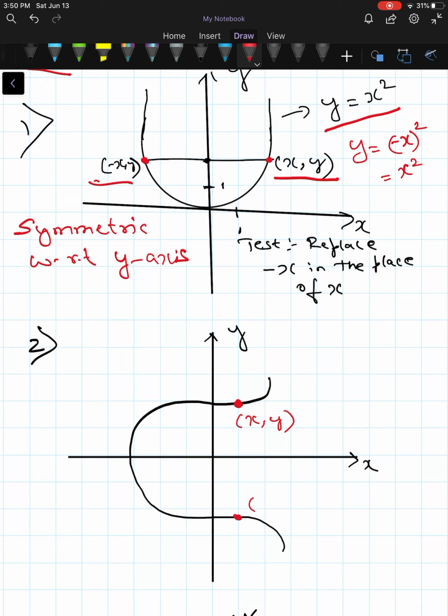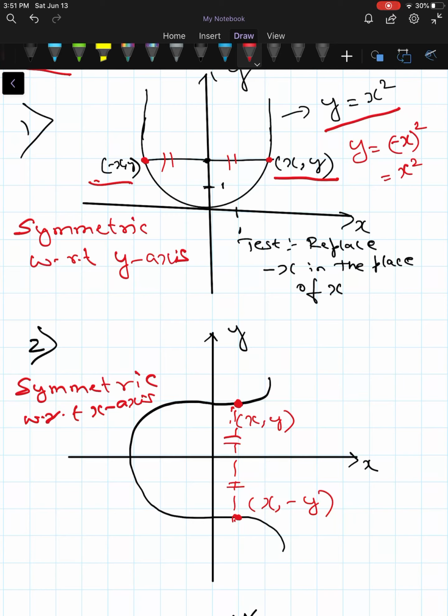Its image will be below the x-axis, that is (x, -y). And if you draw a line connecting them, the x-axis would be bisecting that particular line. The same thing applies in the previous type of symmetry as well. So this type is said to be symmetric with respect to the x-axis.